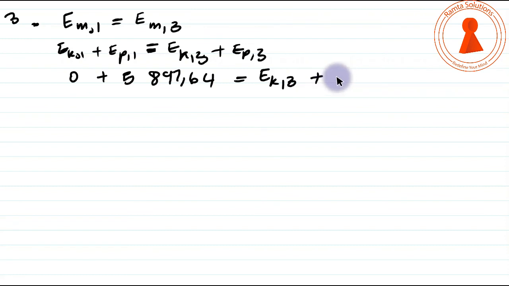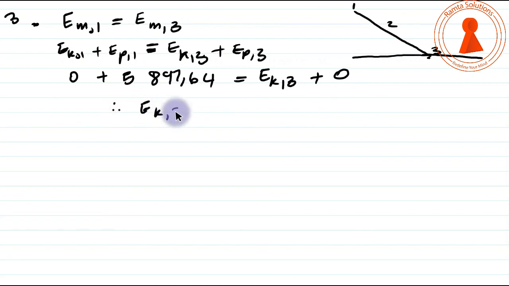Now EP at the bottom: look at it, we had point 1 here, point 2, and then point 3 is the bottom. What is the height at this point? The height is 0, so I'm going to leave it as 0. Therefore EK at point 3 is 5897.64.